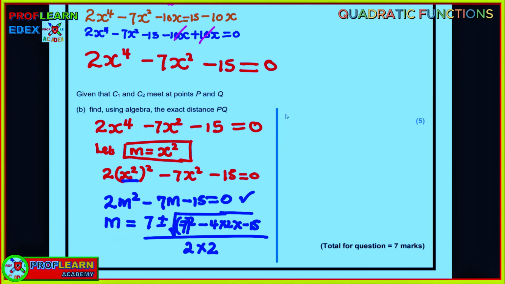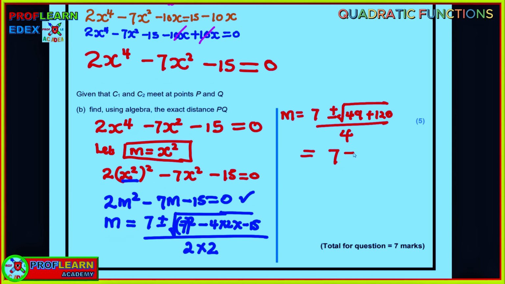As we proceed, our m is going to translate to 7 plus or minus the square root of 49 plus, because we have 2 minus negative here, this is 8. 8 times 15 will translate to 120. 120 plus 49 will translate to 169, over 4.